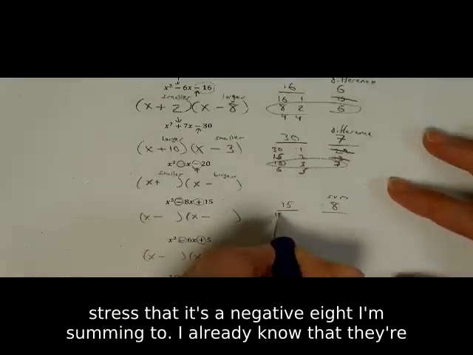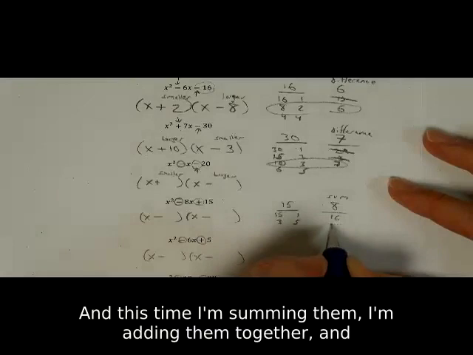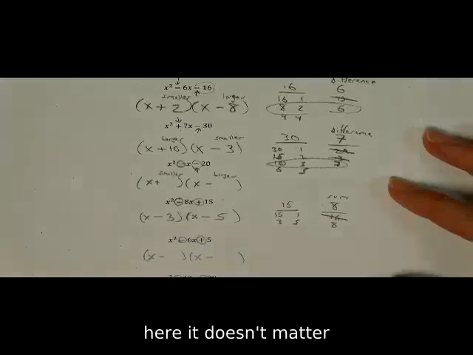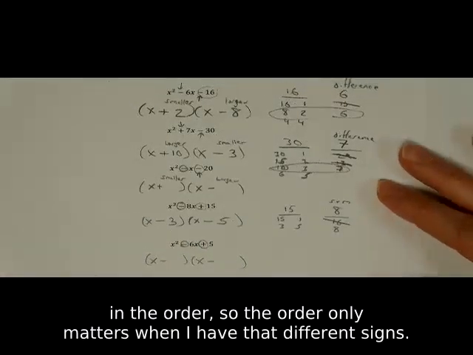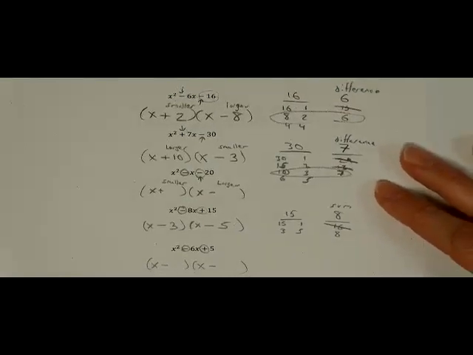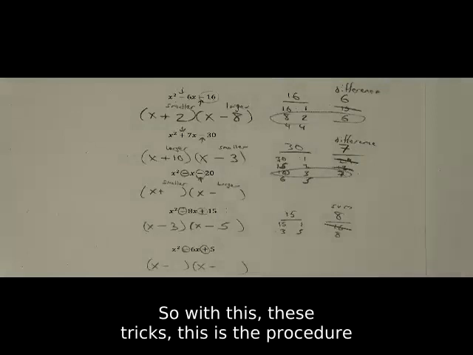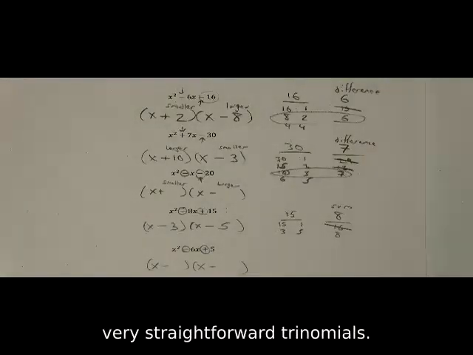So 15 and 1, 3 and 5, or 5 and 3. And this time I'm summing them, I'm adding them together. And here it doesn't matter the order, so the order only matters when I have different signs. So with these tricks, this is the procedure you want to use when you want to factor your very straightforward trinomials.